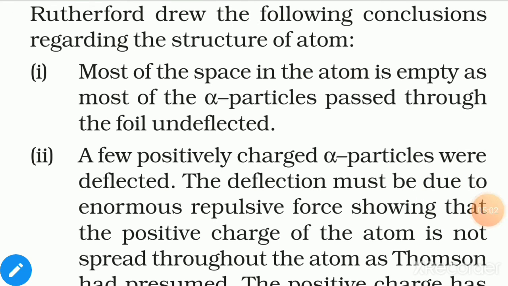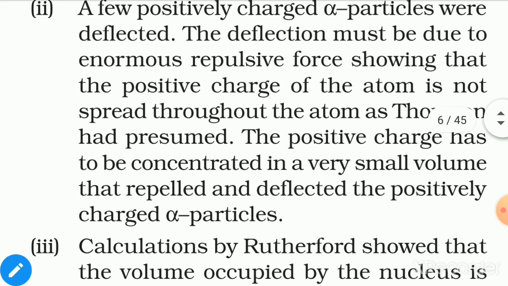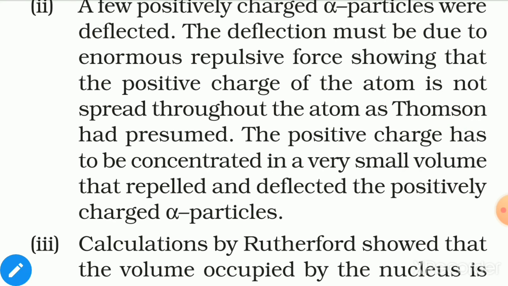Rutherford drew the following conclusions from his experiment. Most of the space in the atom is empty, as most of the alpha particles passed through the foil undeflected. A few positively charged alpha particles were deflected. The deflection must be due to an enormous repulsive force, showing the positive charge of the atom, because alpha particles are also positively charged.